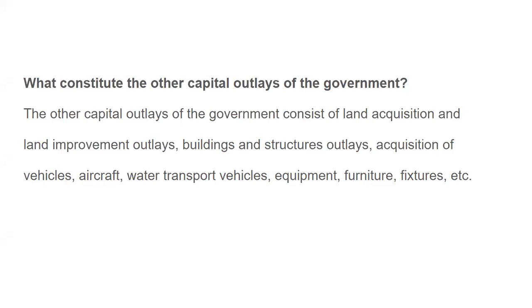Now, buildings and structure outlays, okay, acquisition of vehicles form part of other capital outlay: aircraft, water transport vehicles, equipment, furniture, fixtures, etc. So meaning the government may actually own property. How about roads?